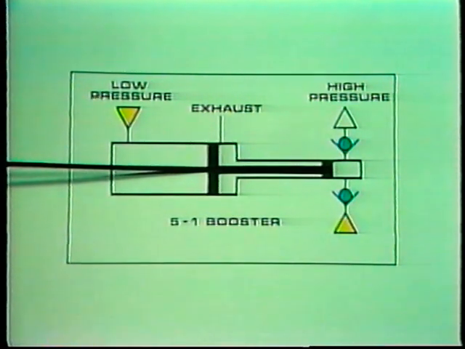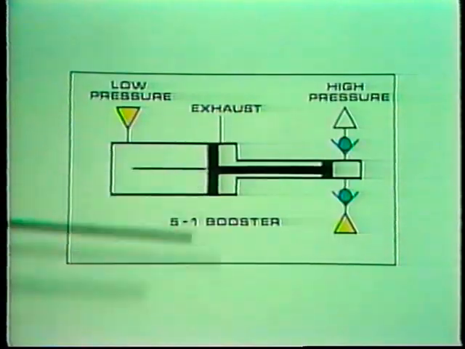But we don't get this pressure increase for nothing. Remember our formula, P1 times V1 equals P2 times V2? It tells us that as the pressure of a gas increases, when its temperature is held constant, its volume will decrease.